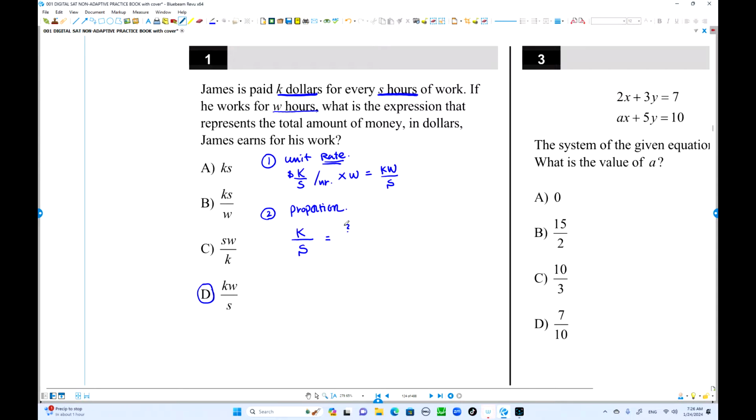You can use X, or I'm going to use a question mark, because there are too many variables. So if you work W hours, how much? The question mark equals KW over S. You can use the proportion too. I like the proportion.